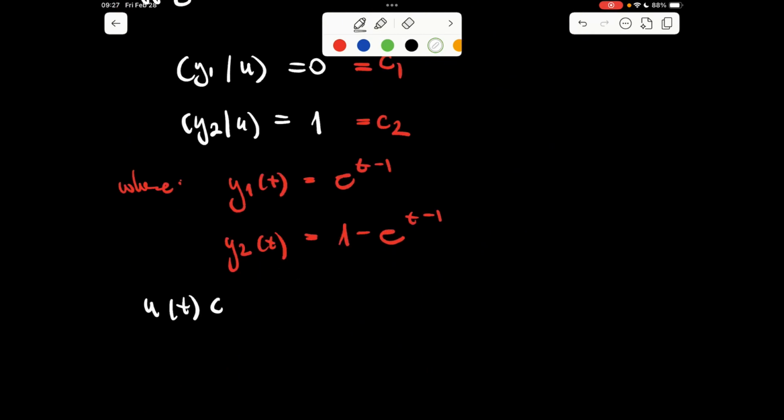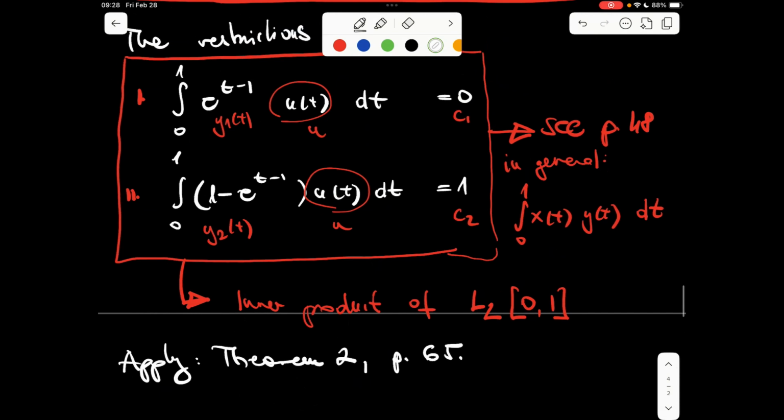So we are looking for an appropriate ut function from the function space L2 that meets the requirements in 1 and 2. These two requirements. So ut is in the function space L2 and meets these requirements.